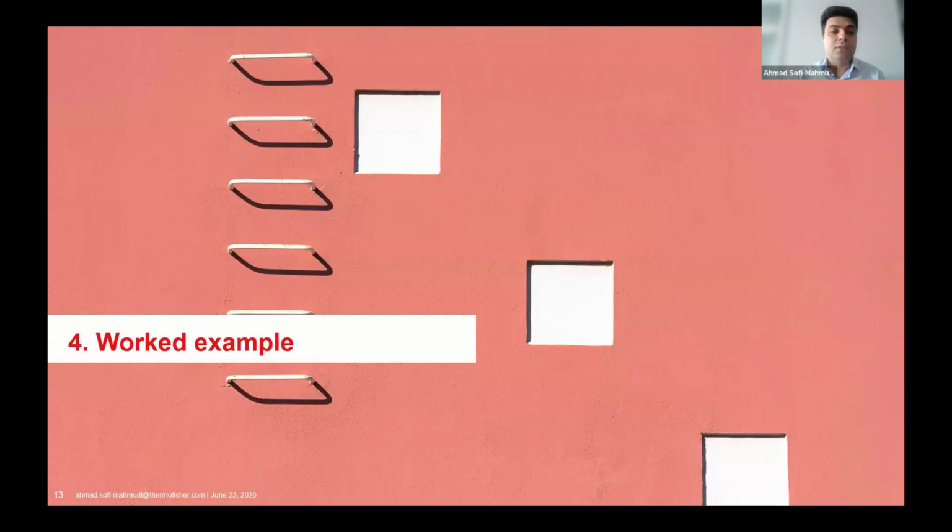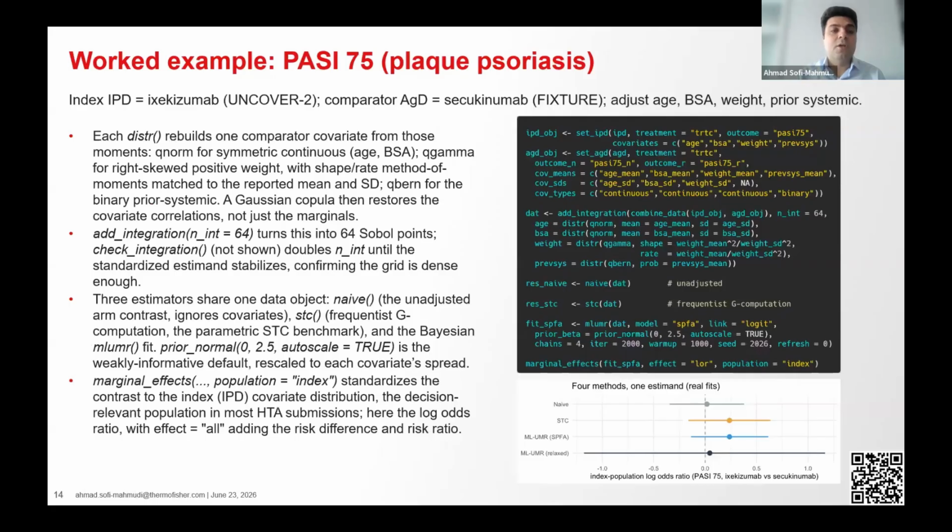And then let's discuss a worked example. If you have seen the vignette of the multinma package, it comes with an example of plaque psoriasis. This is a connected network, but here we just wanted to assume that it's disconnected. We have a treatment from the UNCOVER-2 trial, and the aggregated data is from the FIXTURE trial.